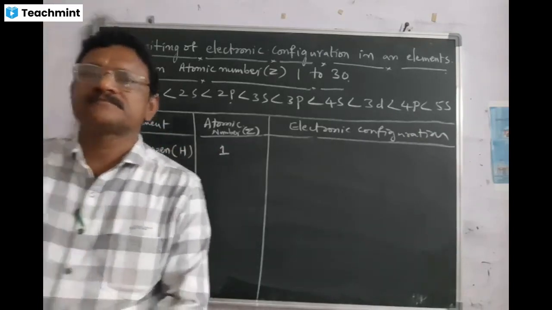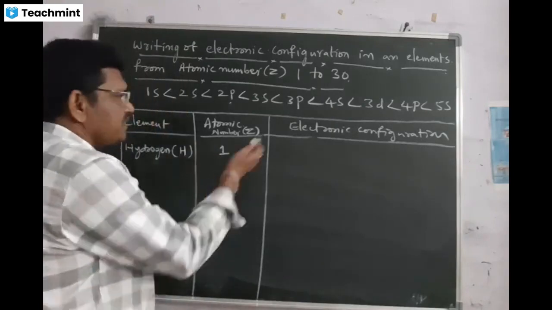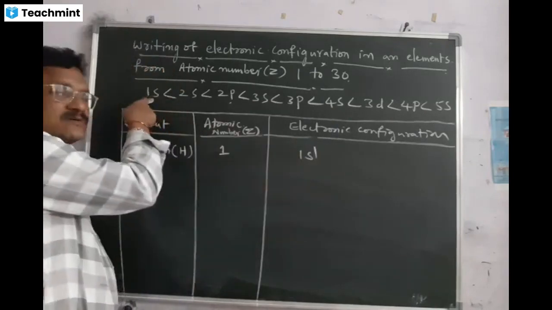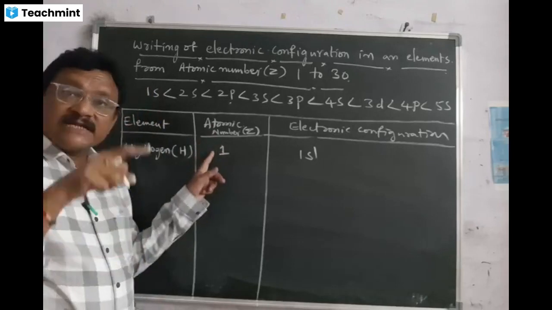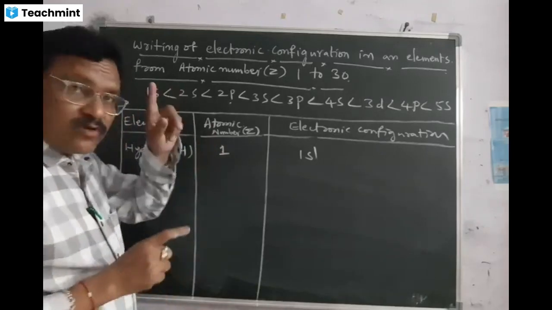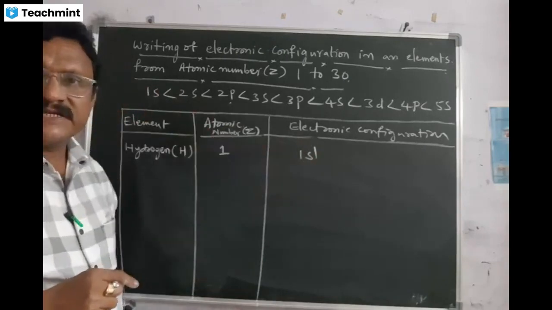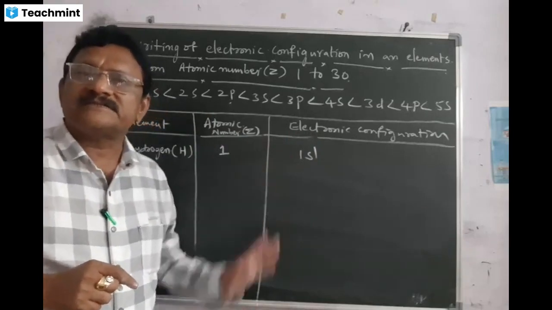If you want to write the electronic configuration of hydrogen, it is simply 1s1, because this is the first one. Atomic number 1 means one electron is present. That one electron goes into the lowest orbital, that is 1s. That's why the configuration is 1s1. Did you understand this?